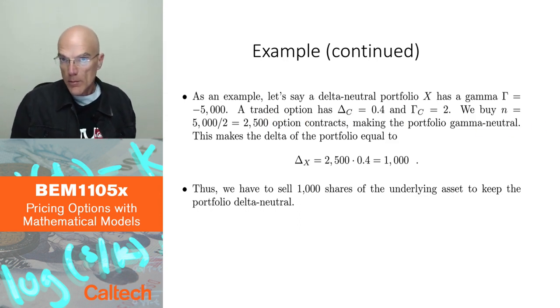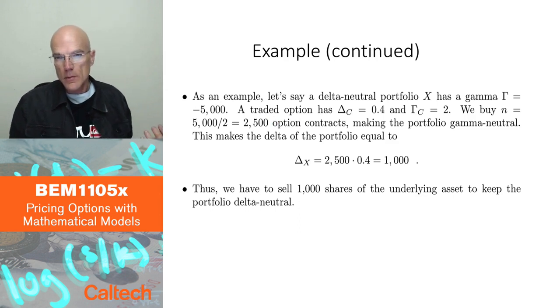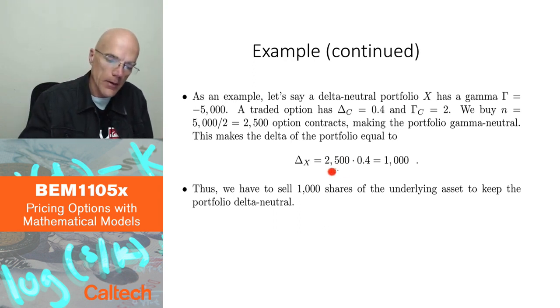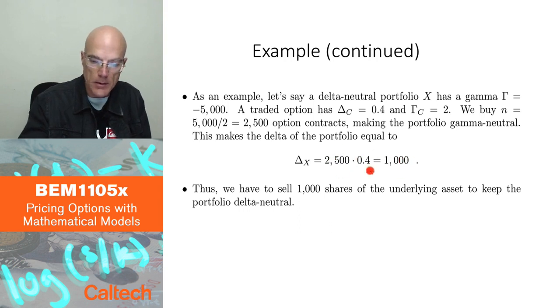That will make your portfolio gamma neutral. Gamma will be 0. But you've changed your delta. The original delta was 0. Now you bought 2,500 options contracts with delta equal to 0.4, which means your new delta is 1,000. It's this product, so it's 1,000.